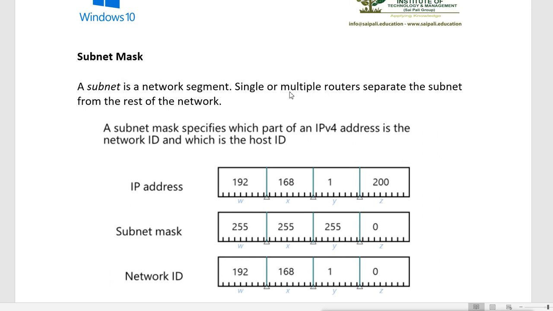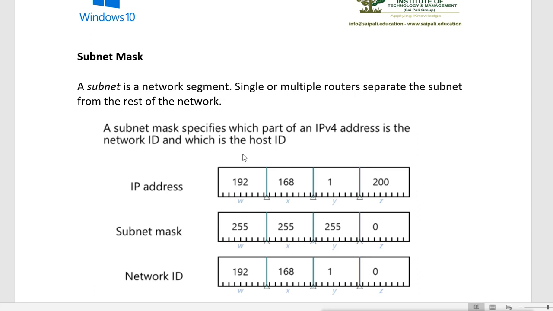Different subnets mean those networks are different, and they are not able to communicate with each other. And who defines this? It is defined by the subnet mask. These subnets are divided by routers, because a router is the only device that can connect two different subnets.